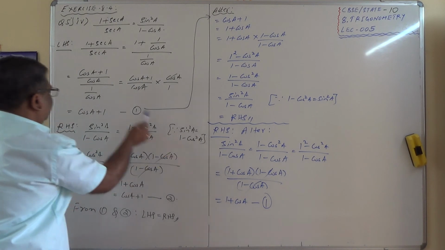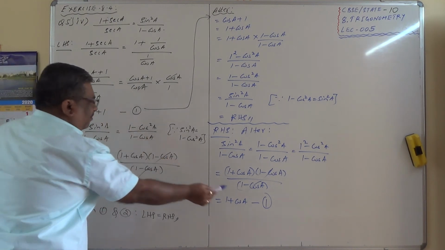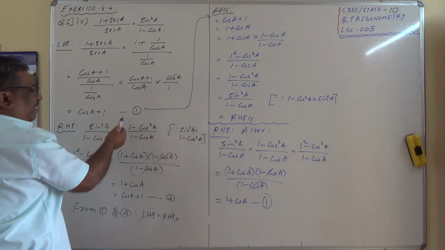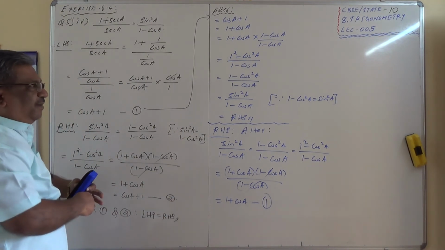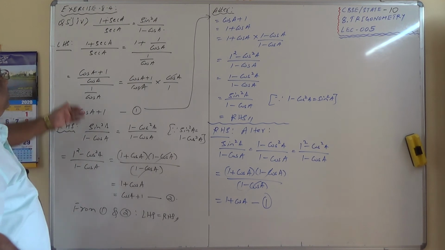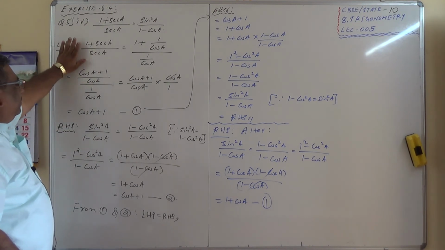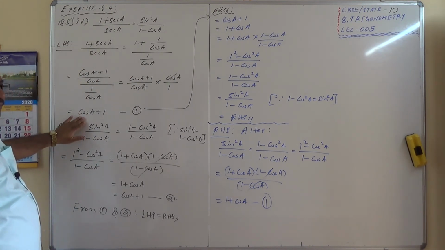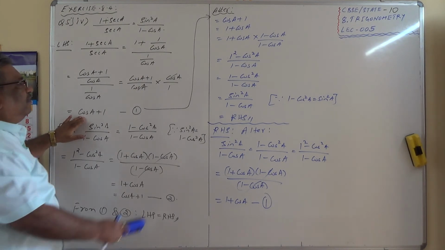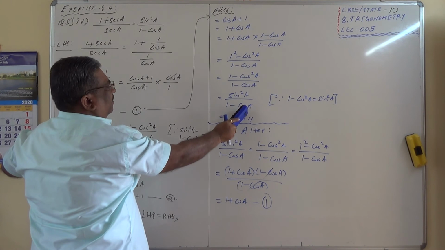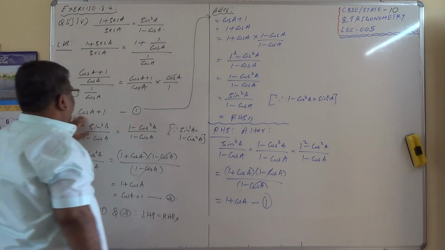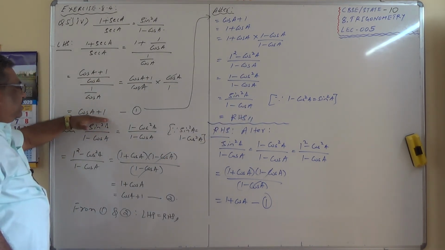From RHS and LHS, both are equal, from 1 and 2. So I am summarizing here what I did for all of you. I took LHS first and arrived at this. If I want to continue, I can continue like this, and finally get sin square A by 1 minus cos A, the RHS. Or mark at this stage 1.